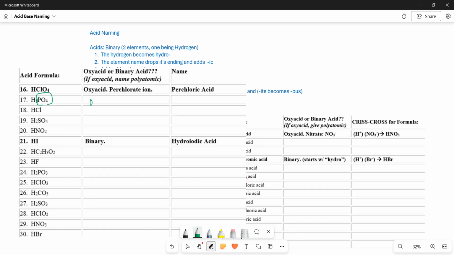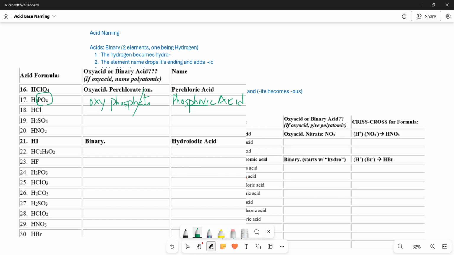This is an oxyacid, and we're talking about phosphate. We're going to take the ate ending off, and we're going to add ic. So the name of this is going to be phosphoric acid. Now you're like, where did the or come from? Well, we kind of go back to phosphorus's name and add that on. You'll get used to doing that.